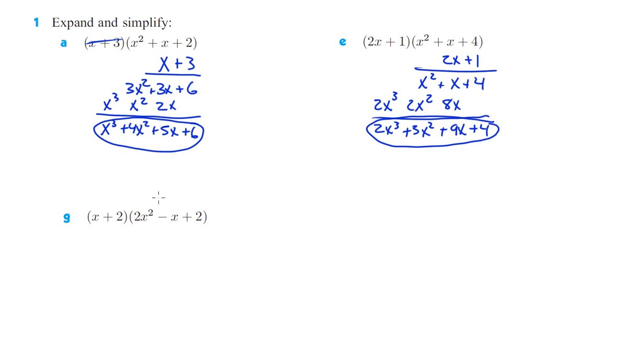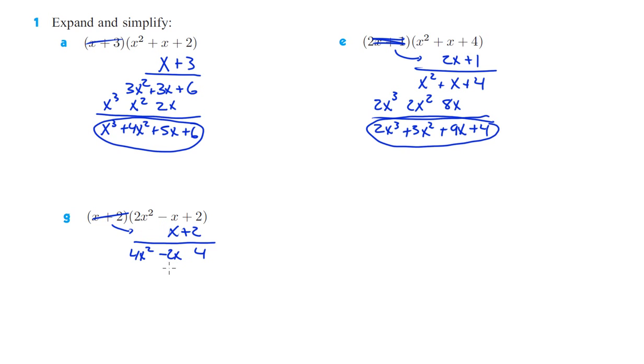All right. Okay, I'm going to move this one. After I move that over under there, let's cross that out. Move this over under there. We've got x plus 2. Get rid of that. All right, 2 times 2 is 4. 2 times negative x is negative 2x. 2 times 2x squared is 4x squared.